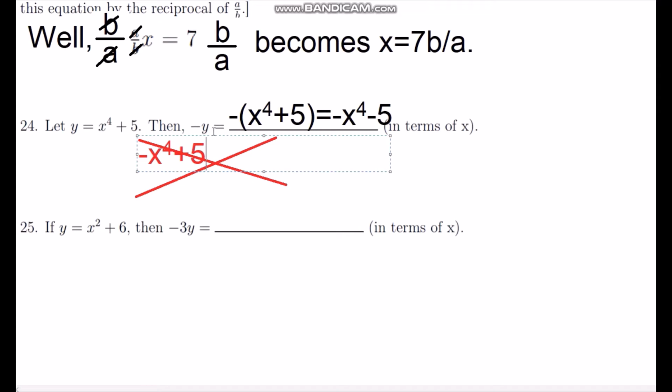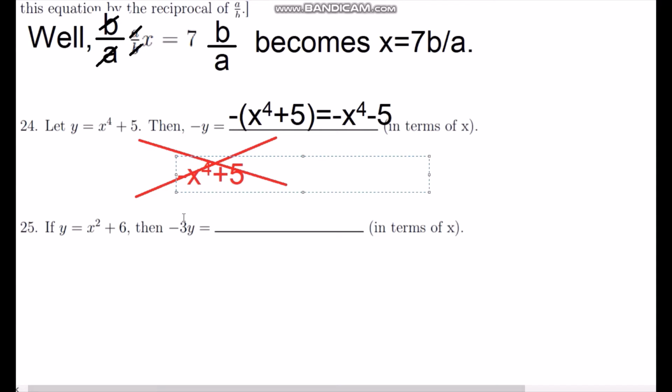So we put our parentheses around the y and then we substitute. And that yields the proper number every time. If we forget to do that, the temptation is to do something like this. And these are not equal. These mean totally different things. So do not do that. Make sure to close the parentheses off and then substitute in properly here. And then use the distributive property to finish.